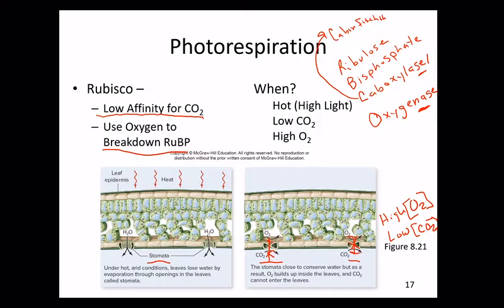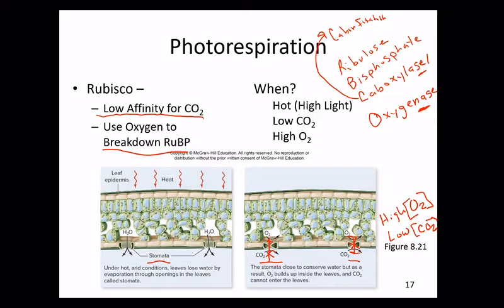And that's going to result in a loss of the movement through the Calvin cycle. Okay? And so this loss in the movement through the Calvin cycle means that the plant has a reduced ability to make sugar, a reduced ability to actually continue the process of photosynthesis.